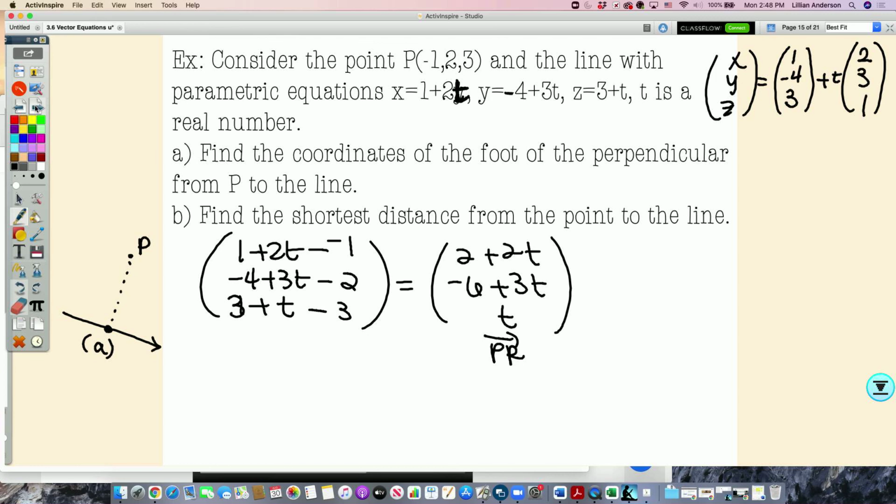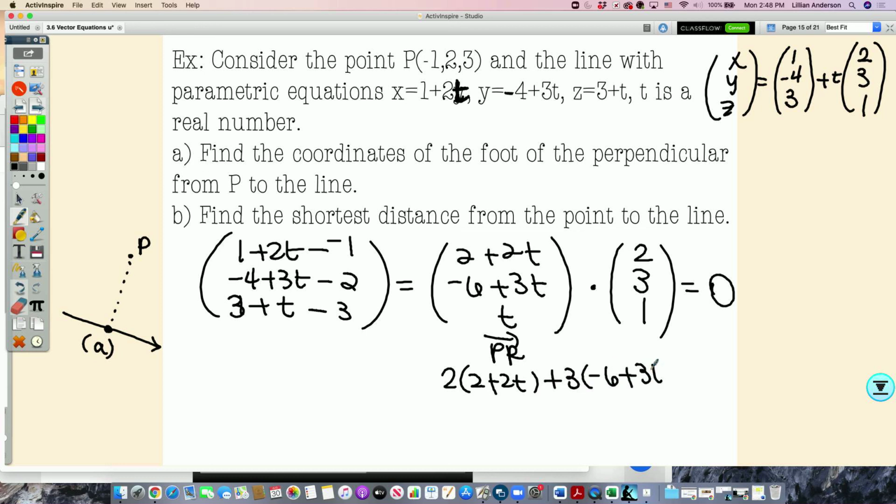And since it is perpendicular to that vector, then we have to do the dot product with vector B, which is what? (2, 3, 1). That has to equal what in order for it to be perpendicular? 0. So that becomes 2 times (2 plus 2t), then 3 times (-6 plus 3t), and then 1 times t, and equal to 0.